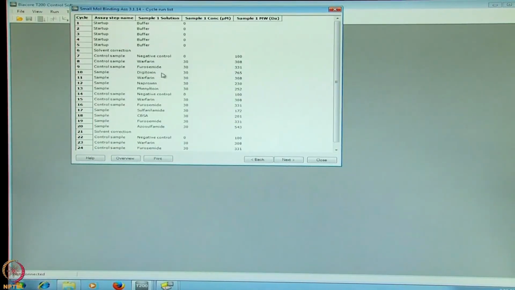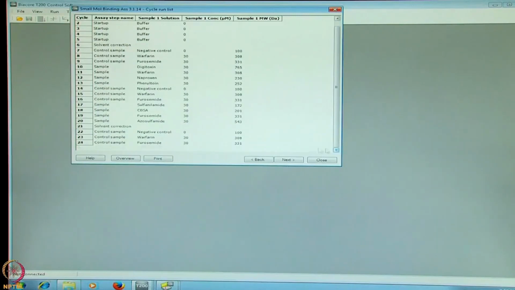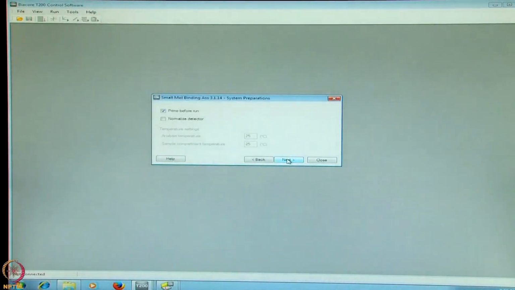Samples like digitoxin, warfarin, naproxen, phenytoin and a negative control were injected again, and successively solvent correction at every 10 cycles or 20 cycles, depending upon how you set up the experiment. And finally another round of control samples is injected.